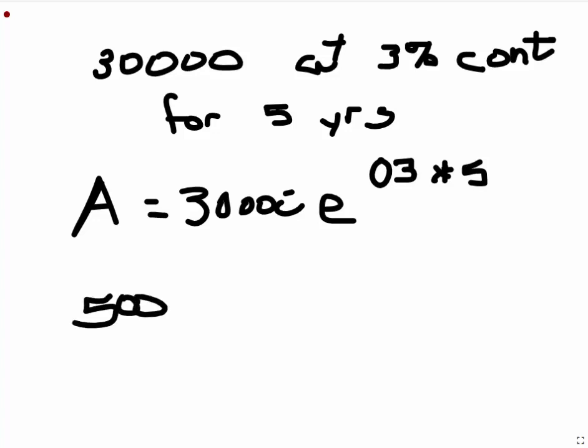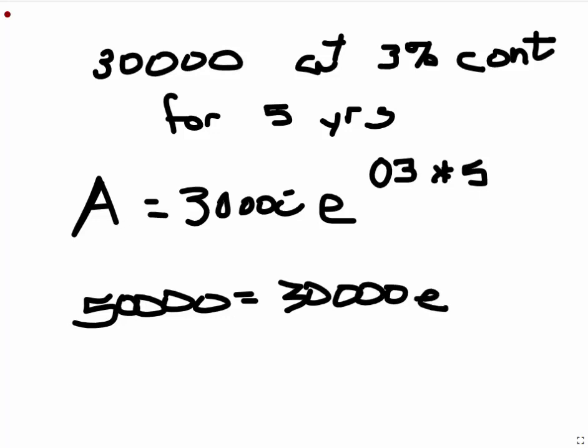So then I would go 50,000 equals 30,000 e to the 0.03t, and I don't know the time. So I'm going to have to rearrange and use algebra, so I've got to divide by 30,000 first. So I divide those, get that answer.